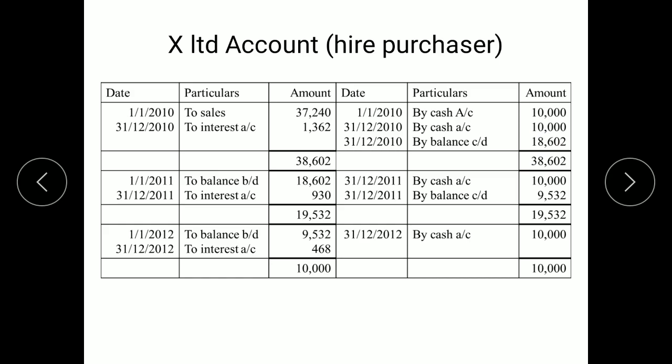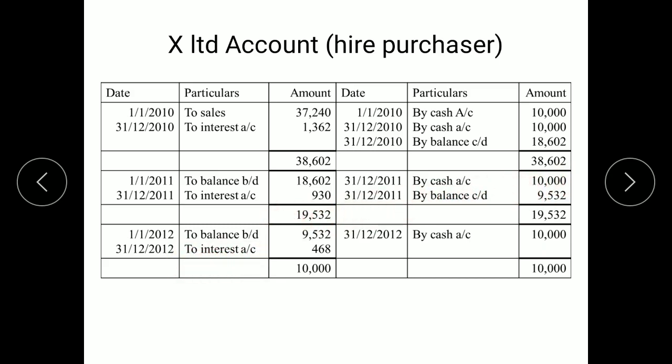This amount will be brought down in the next year. In the next year there is interest due 930. So total due amount 19,532. Out of this, how much is paid in the current year? By cash account 10,000 is paid. So how much is the balance remaining? 9,532. Again this balance will be brought down.